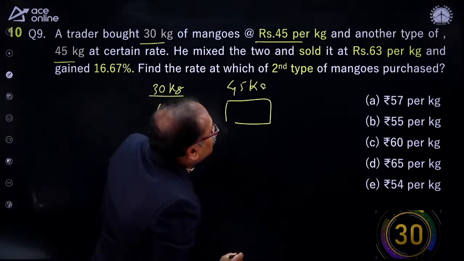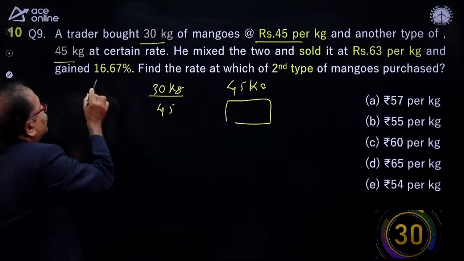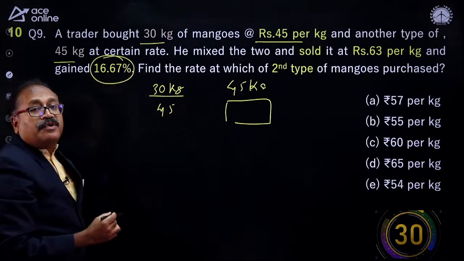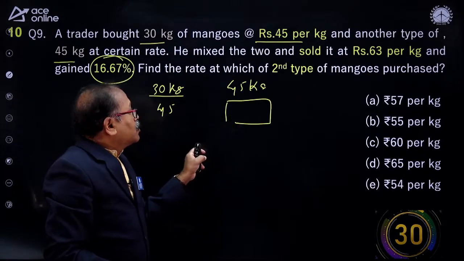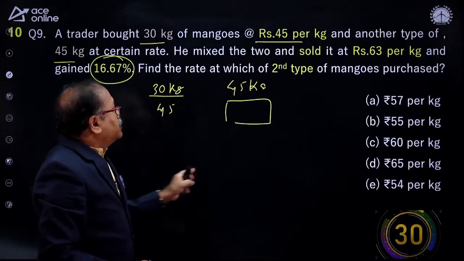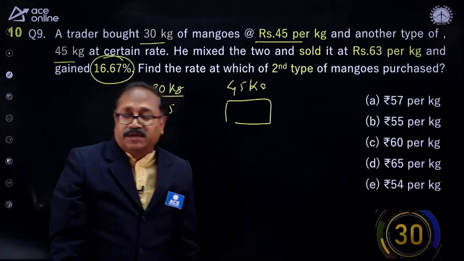So he mixed the two and sold it at rupees 63, making a profit of 16.67%. So I need to find out the cost price and place the cost price over here, and then you have the ratio, apply the alligation mixture. Now your time starts here.